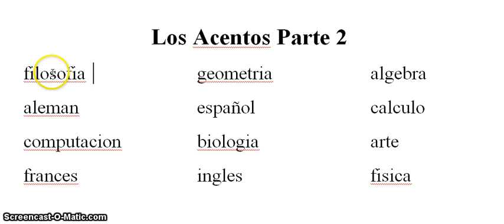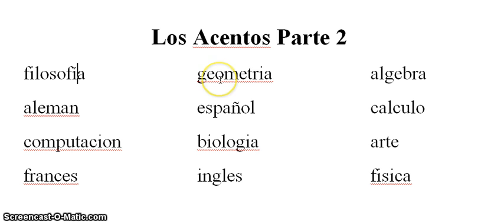This is where your stress should naturally be. But if you think about it, we don't say it that way. Listen to it: filosofía. So it's breaking the rule. We're dividing up this IA sound. So we would say accent on the I. There we go. That sounds good.